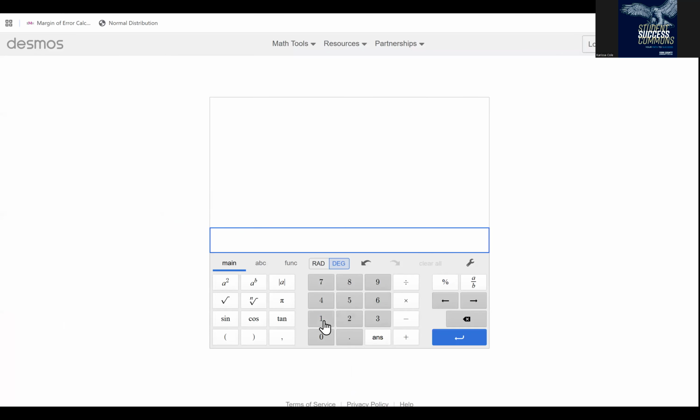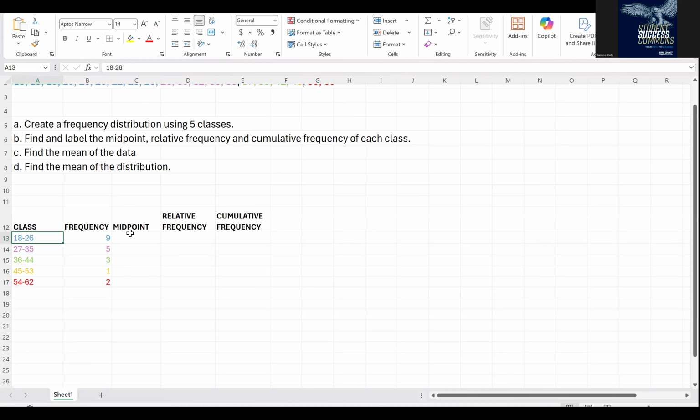So we take 18, the lower one, add 26. If you're using a phone calculator, make sure you use parentheses so the division happens at the right part. So 18 plus 26, the sum of that divided by 2, is 22. So the halfway point between those 2 numbers is 22.